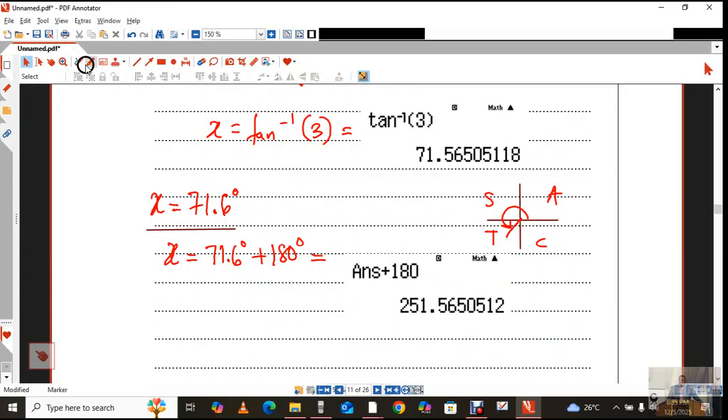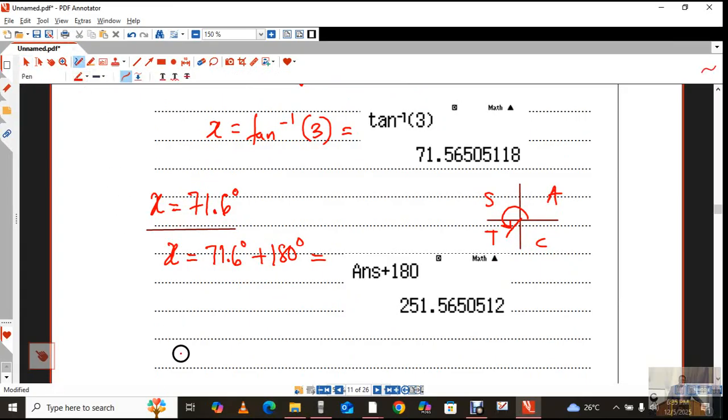So effectively, my 2 solutions then, I'm going to come here and say, therefore, x equals 71.6 degrees, okay, or 251.6 degrees.